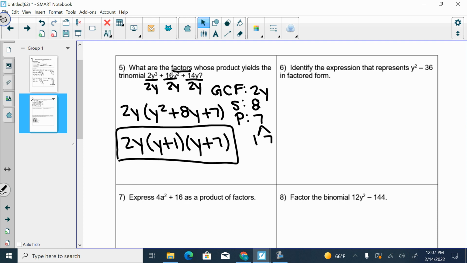On this one, identify the expression that represents y squared minus 36 in factored form. So still just factoring. Any GCF here? Okay, so then what is my sum? Zero. There is no sum, right? There's no middle term, so we have to put 0. And what's my product?